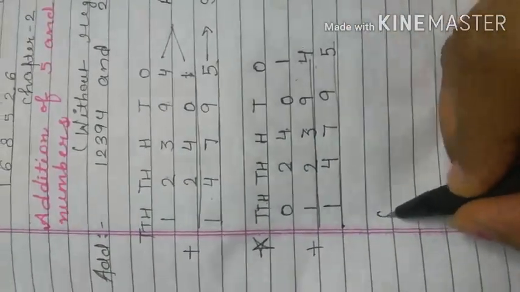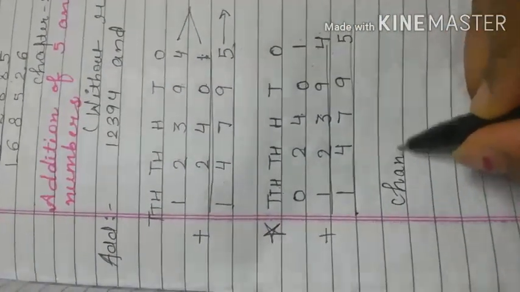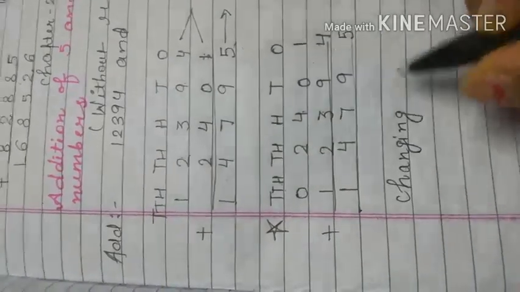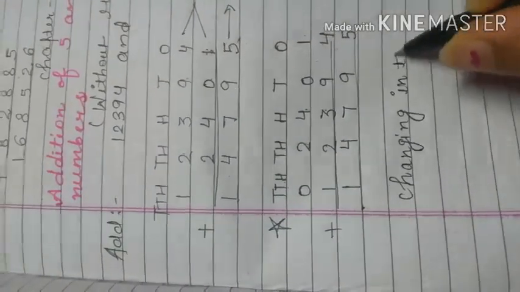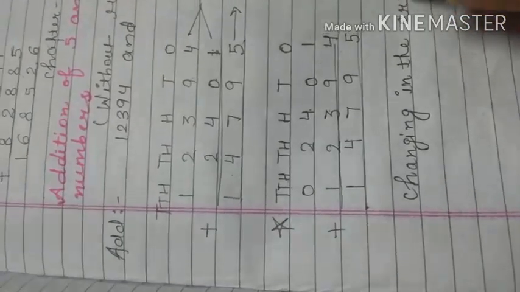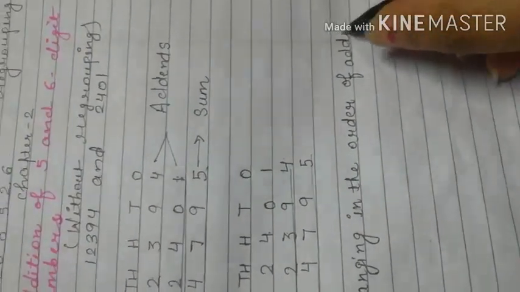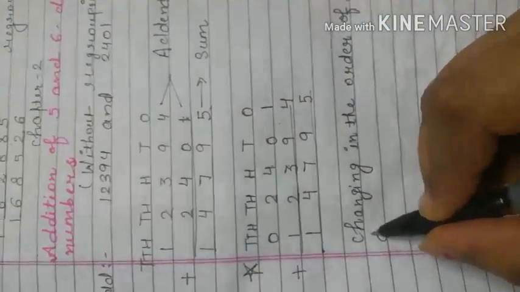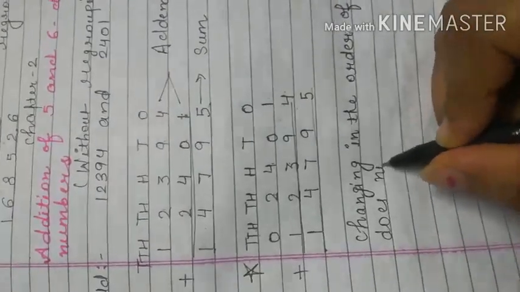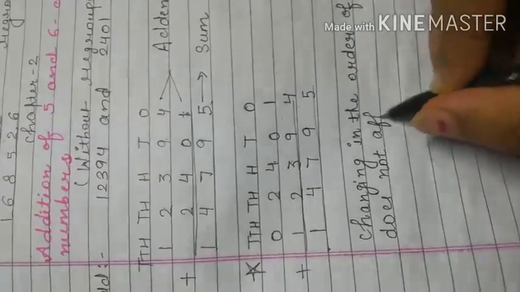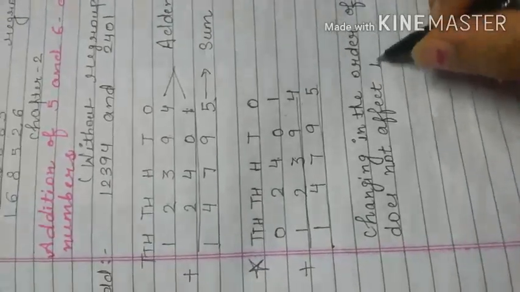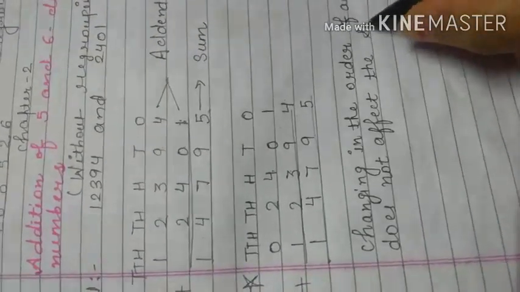So what we have learned after this: changing the order of addends does not affect the sum.